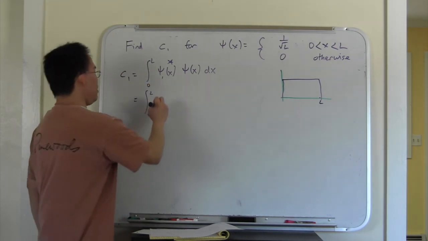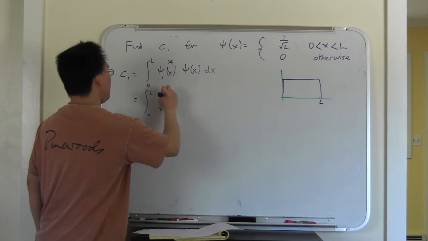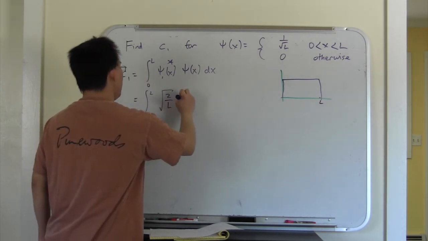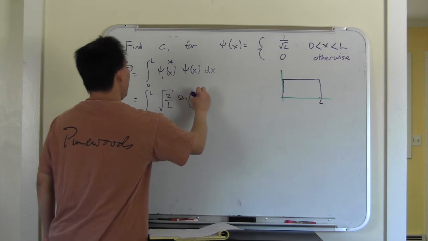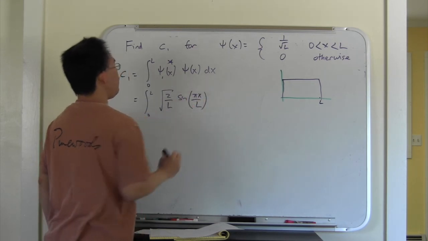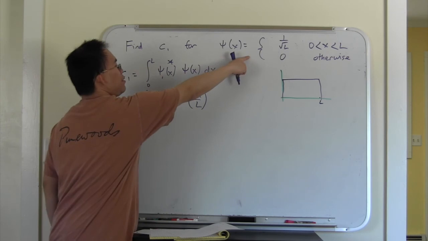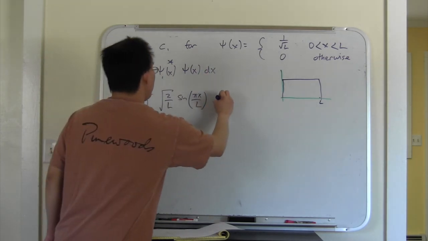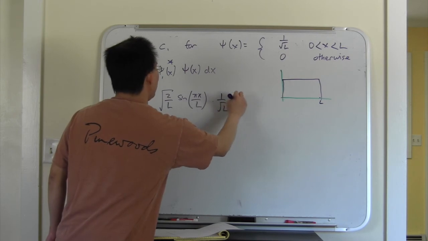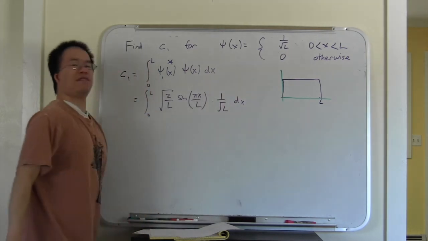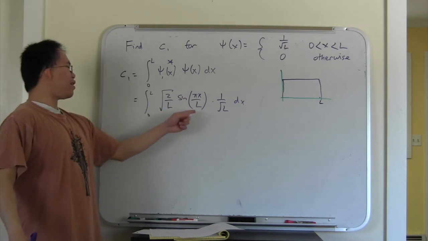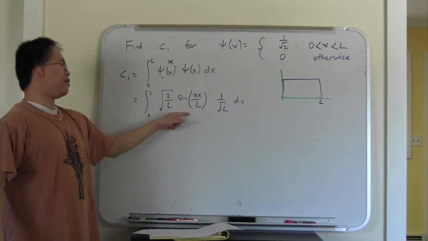I can just put in root 2 over L. This will go like sine pi x over L. My arbitrary wave function is just going to give me a factor of 1 over root L, and I have to integrate this dx. Now, there's only one thing that depends on x here, and that's my sine.